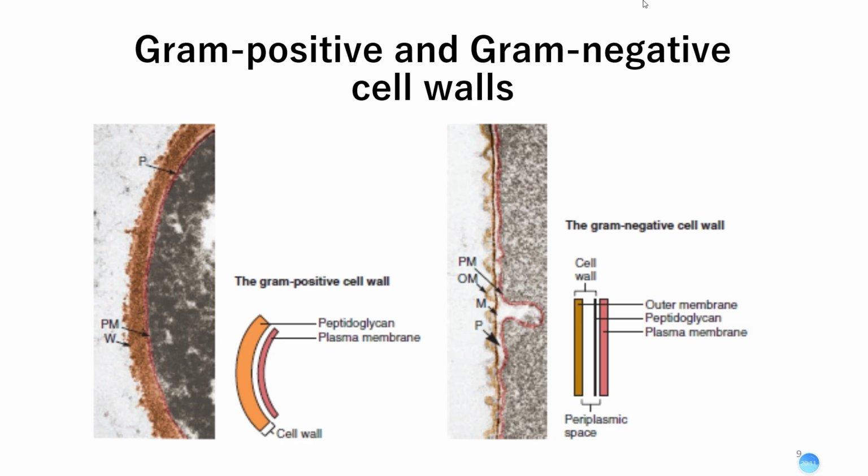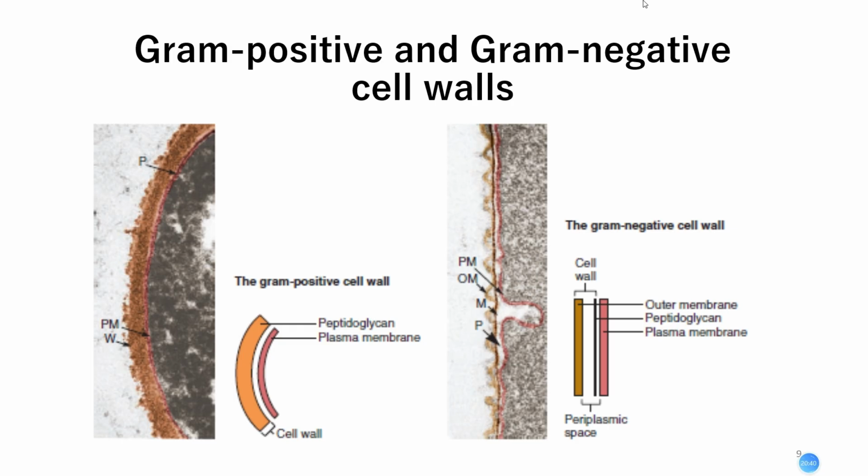For gram-negative, this is the membrane, the pink one, and the peptidoglycan layer is here. It's very thin, only a couple of layers of peptidoglycan. But outside the peptidoglycan, you will find another layer we call the outer membrane.